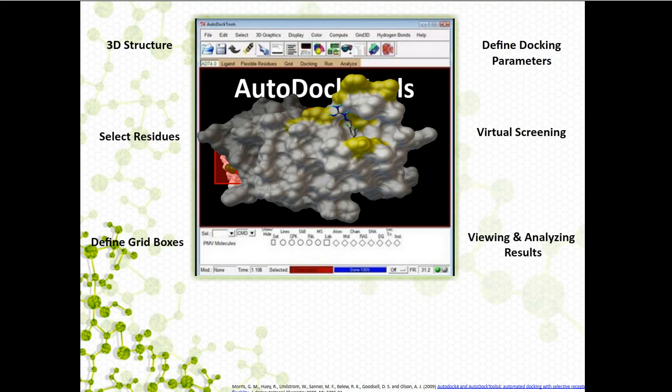So this is, in a nutshell, the summary of the in silico phase.